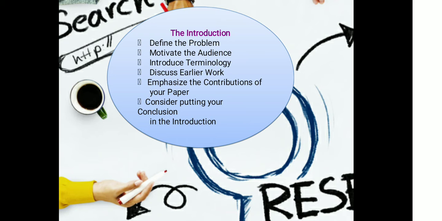It determines whether the audience will prick up their ears or remain slumped in their chairs. A lot of snap decisions about your competency are made before the introduction is over. In this step, you should define the problem, motivate the audience, introduce terminology, discuss earlier work, emphasize the contribution of your paper, and consider putting your conclusion in the introduction.